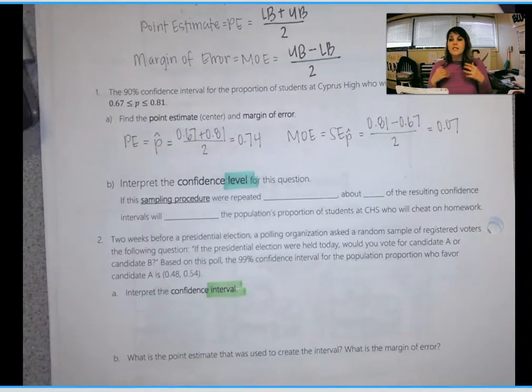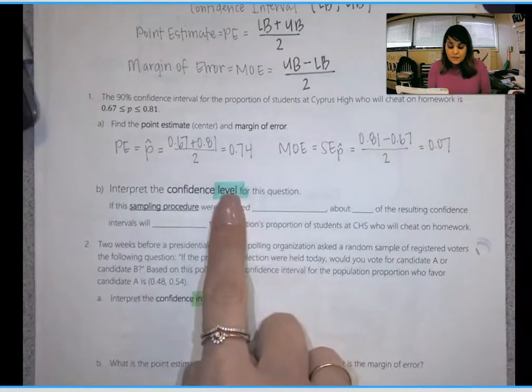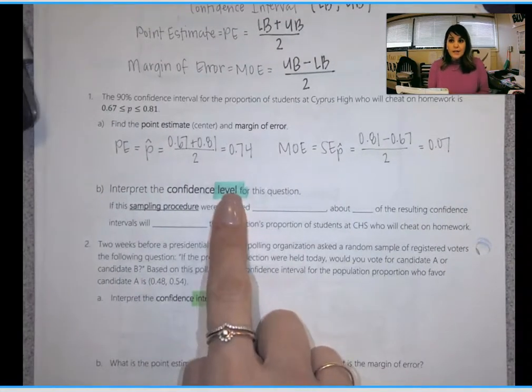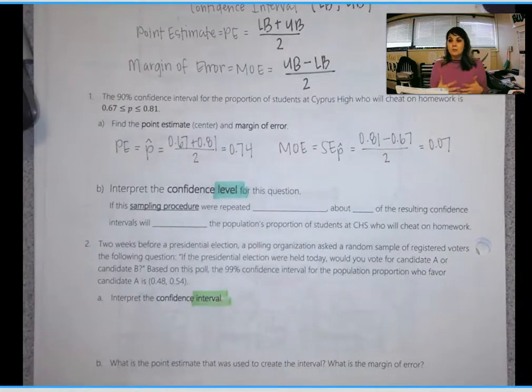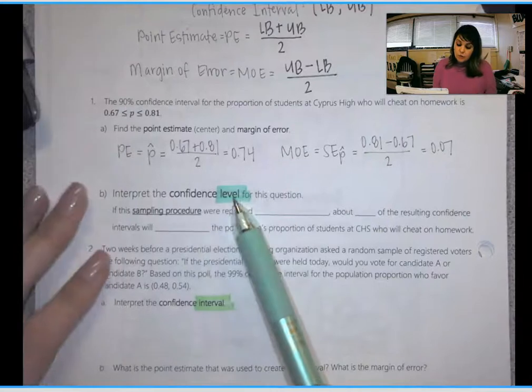Remember, confidence interval is we're 95% confident that this interval captures the true value. Confidence level, though, is how many times did our samples capture the true value. I know that that sounds very similar, but I think once we look at the interpretations, hopefully the difference will become more clear.